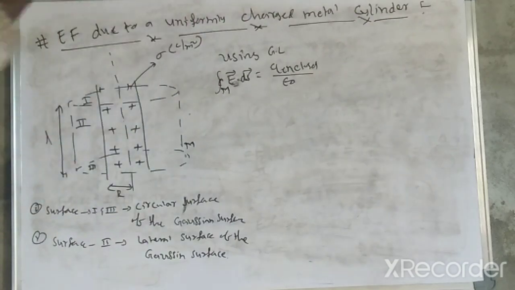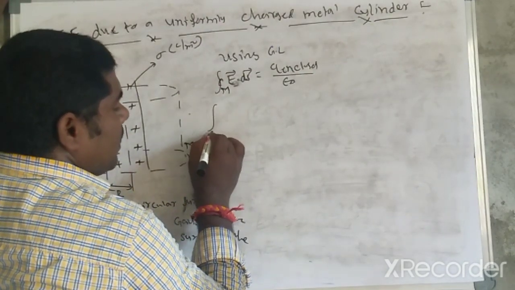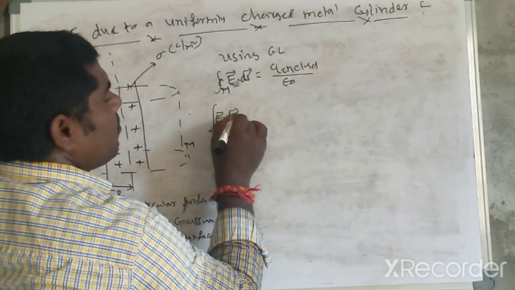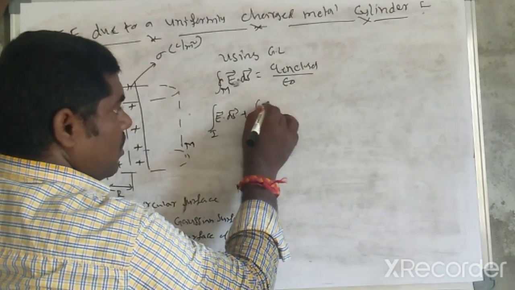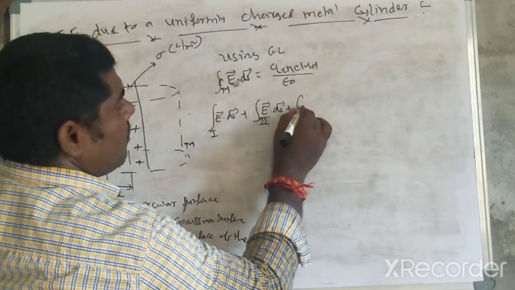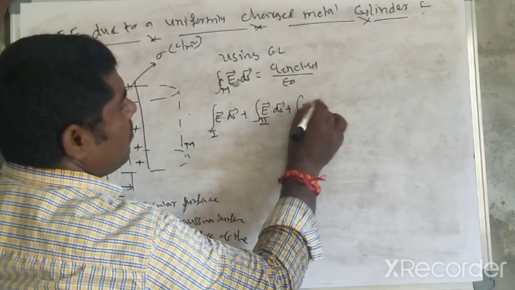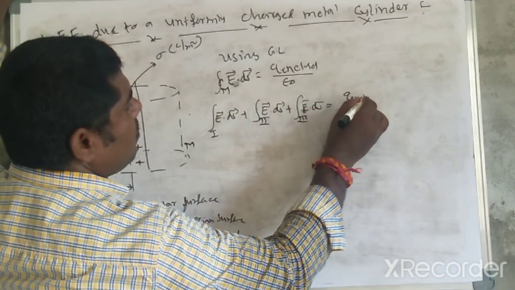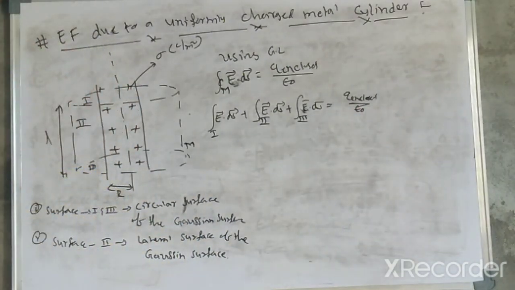Here the total is the integral over the first surface of E bar dot ds bar plus the integral over the second surface of E bar dot ds bar plus the integral over the third surface of E bar dot ds bar, equal to Q enclosed by epsilon naught.